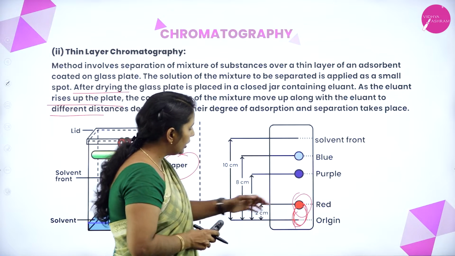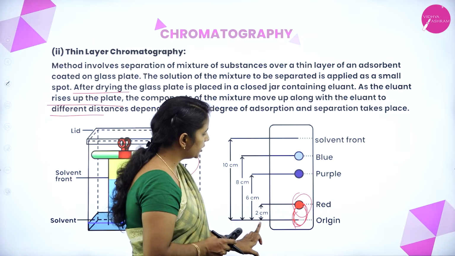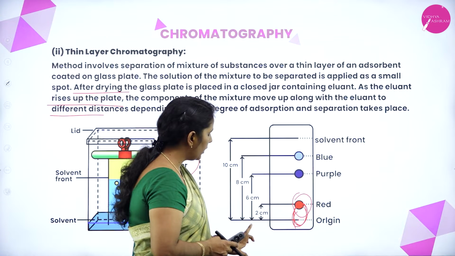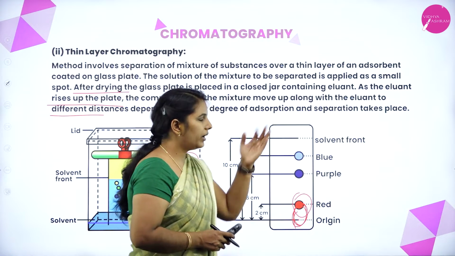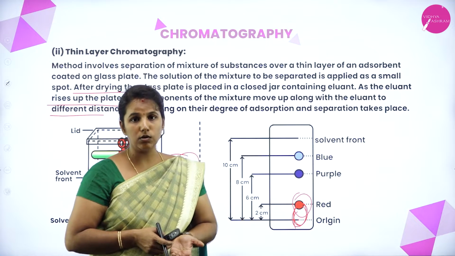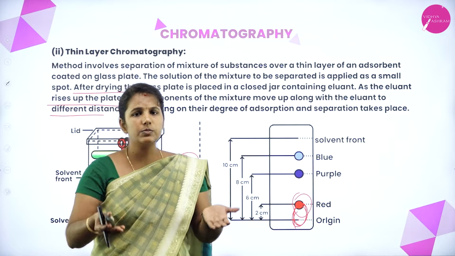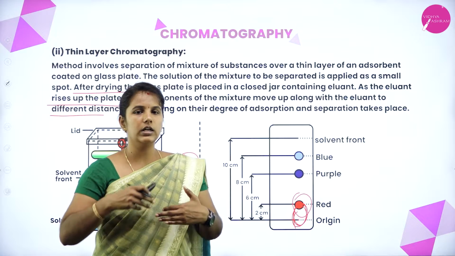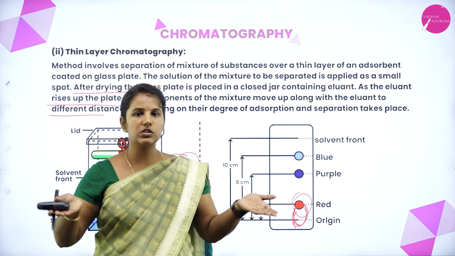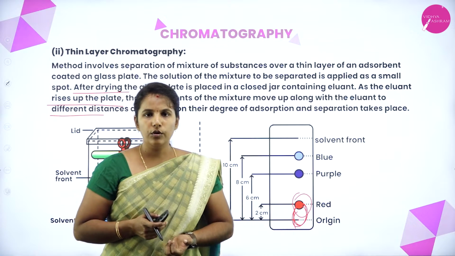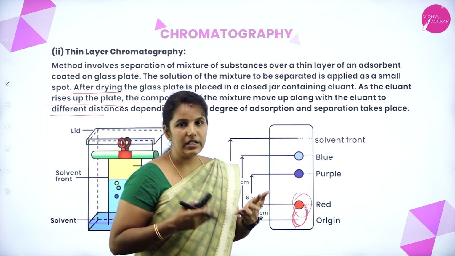So that is why you get the red spot at 2 cm, the purple spot at 6 cm, the blue spot at 8 cm, and finally you have the solvent front outside. This is how, just by moving the solvent upward, your entire mixture also moves up and gets separated into each component.